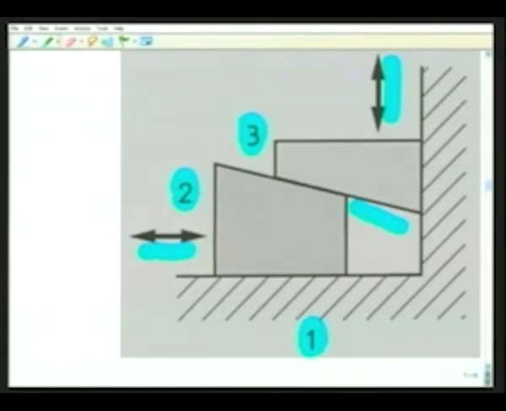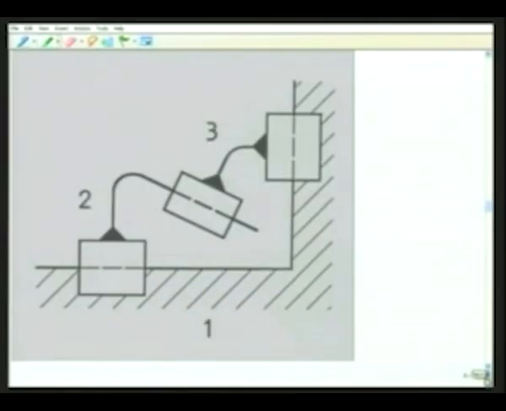The kinematic representation of this is as follows. There are 3 links, links 1, 2 and 3, having 3 prismatic pairs in different directions. It is obvious that here relative motion between various links is possible. It is not a structure. The degree of freedom of this loop is not 0.